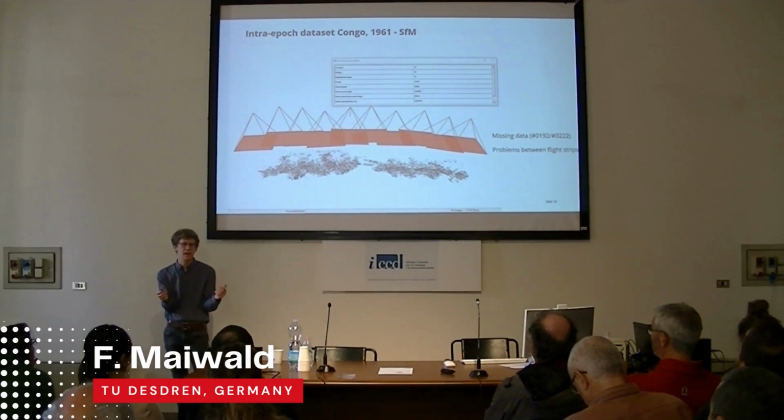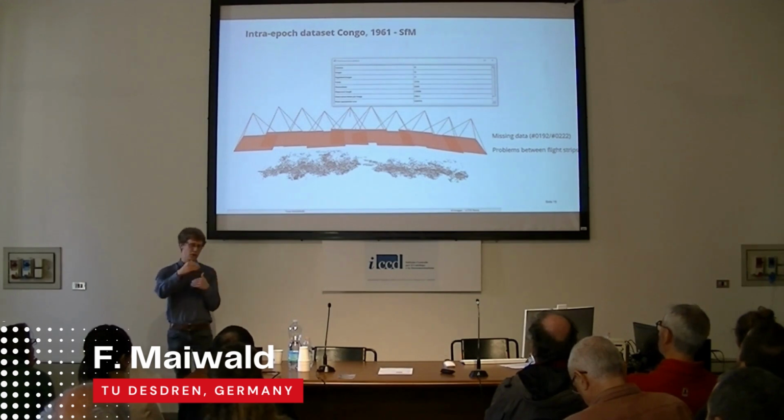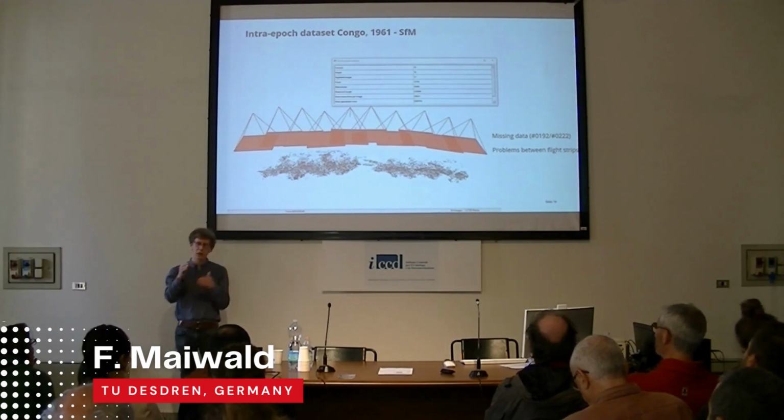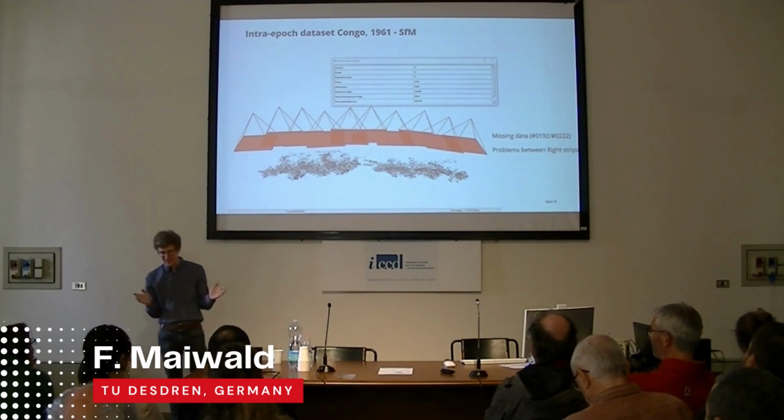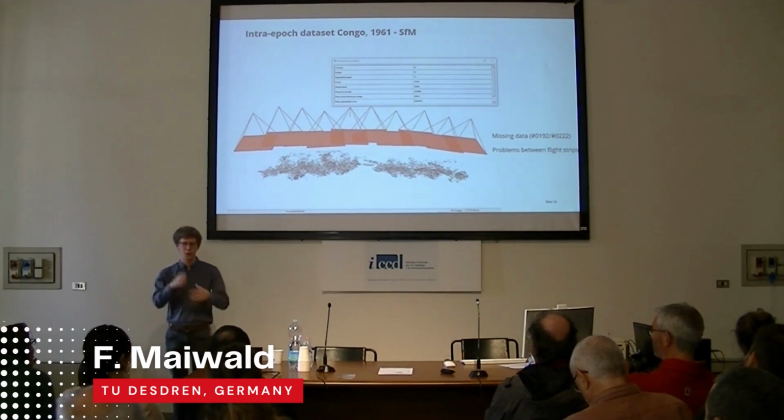So these may be the best results that we can reach using this method. We can only register the single flight strips. Maybe when I talk to some people here, with the Congo dataset or ANO, maybe we can fill the data gap and then process a whole area.